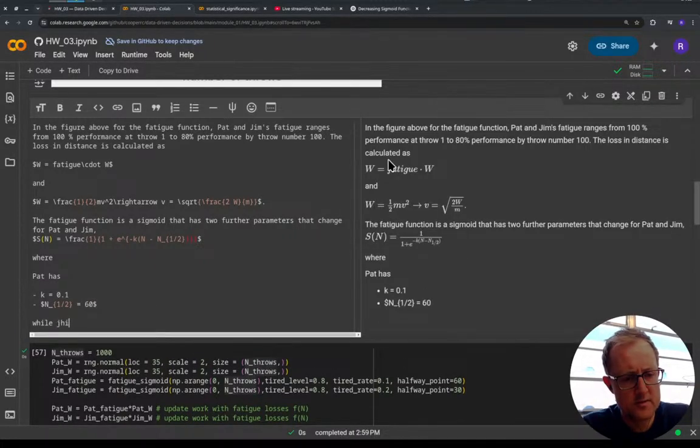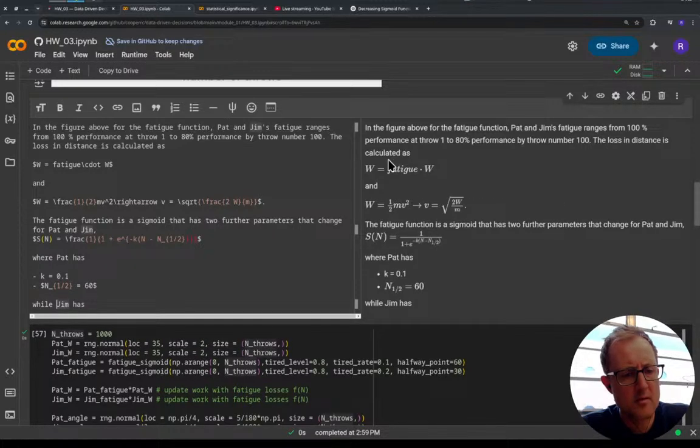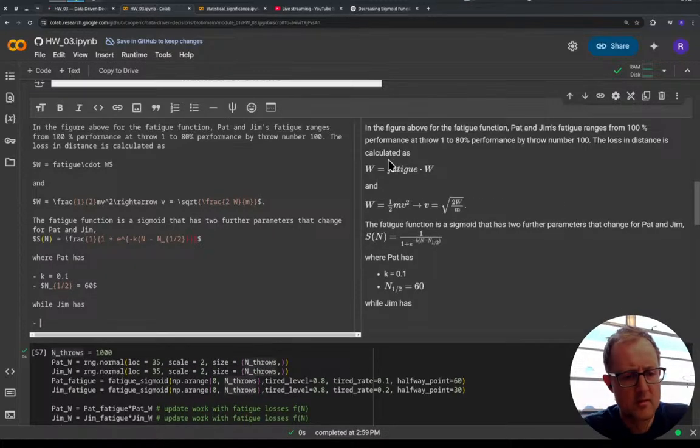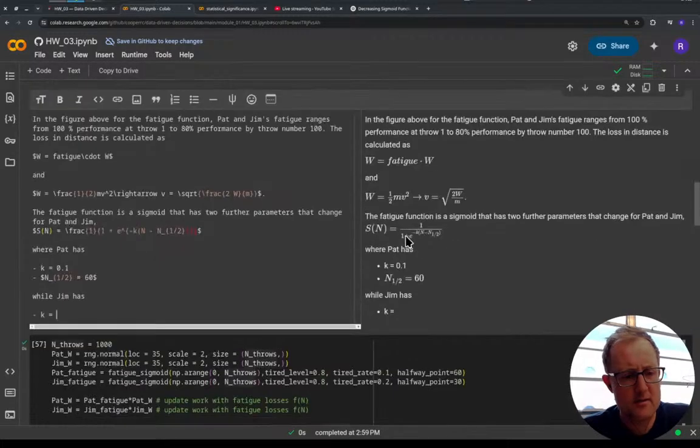Wow, Jim has, and maybe this would make sense as a table instead. I think I said 0.2 and 30.